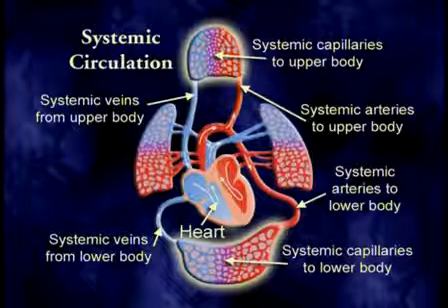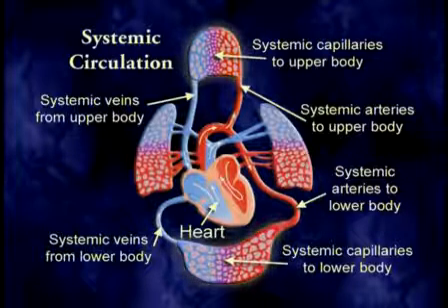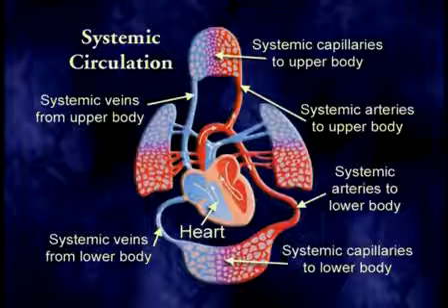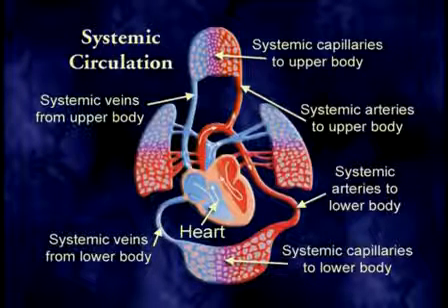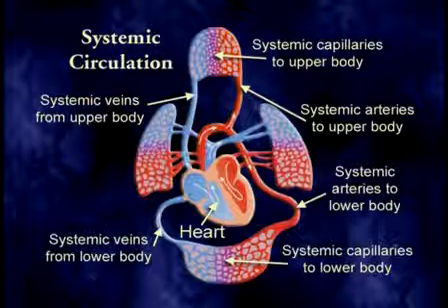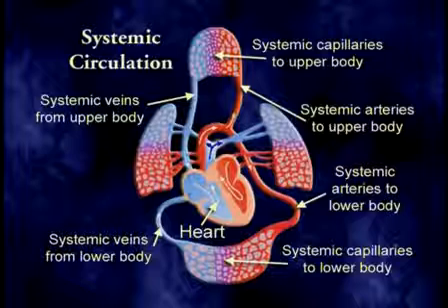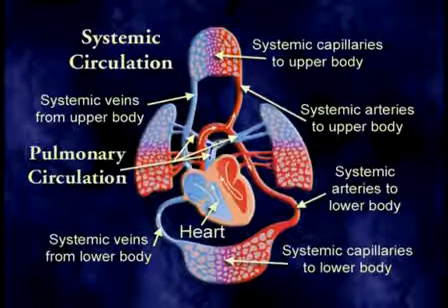There's a secondary circulation. After the blood returns to the heart, it needs regenerating. It needs to get air from the lungs, oxygen, needs to get rid of waste gases. So it's pumped out to the lungs, where it is oxygenated, and then returned to the heart, and that's called the pulmonary circulation.